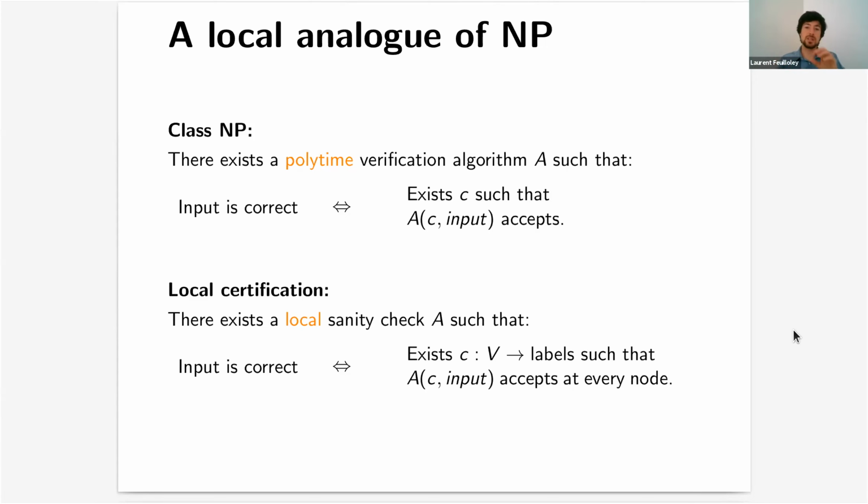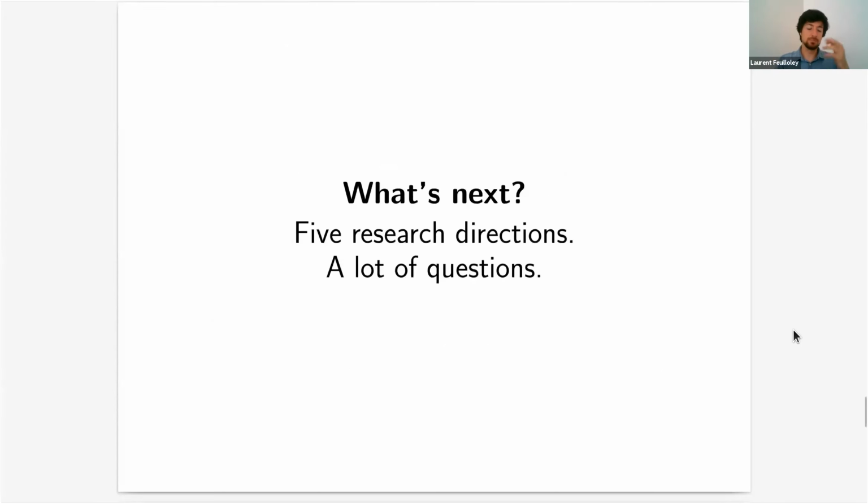So you see it's really the same shape, and it's not a funny coincidence, that's really something interesting and studied. Okay, so these are two reasons why local certification has the right definition, why it's interesting.